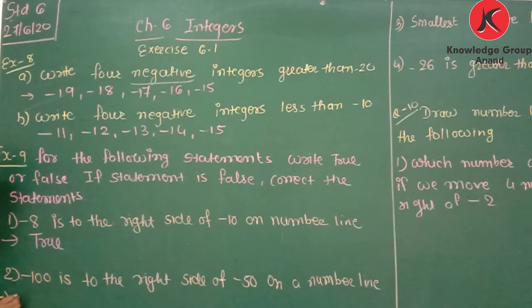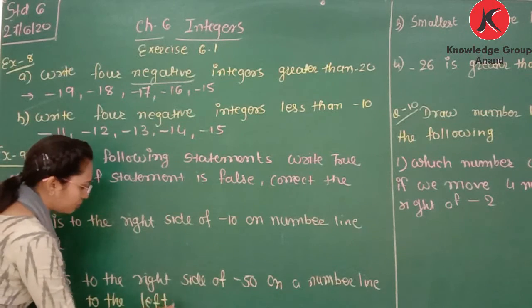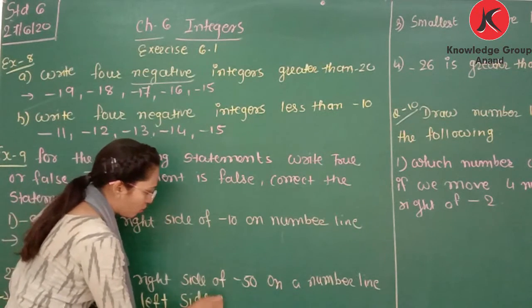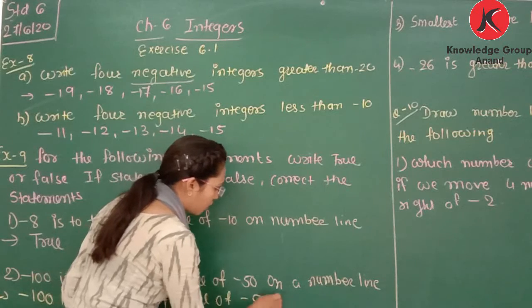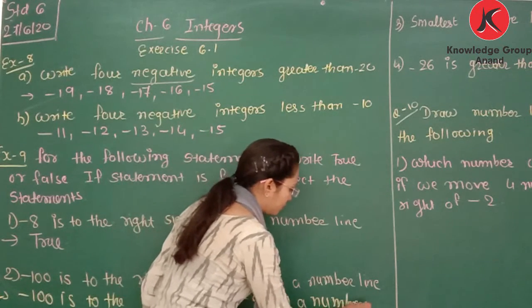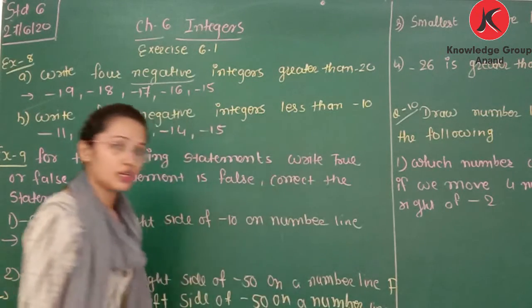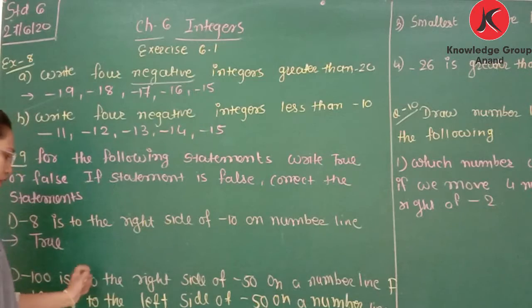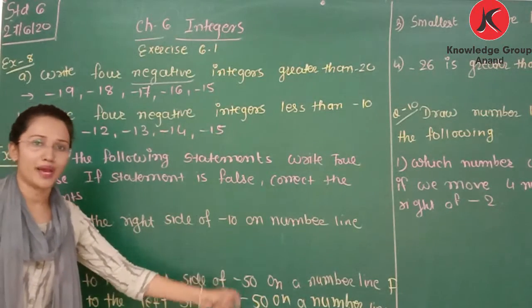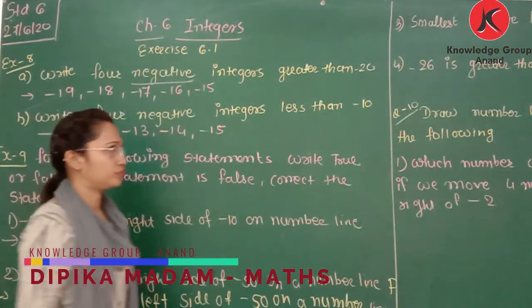So we can write -100 is to the left side of -50 on a number line, and the given statement is false. Clear? Why? Because in -100 and -50, -50 is larger and that will be on the right side.